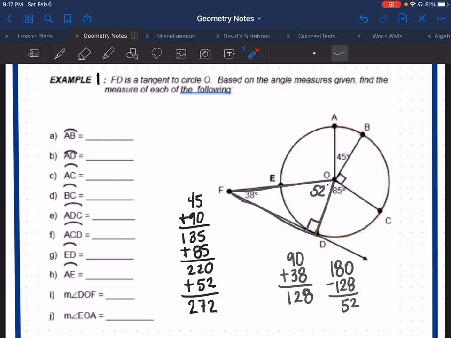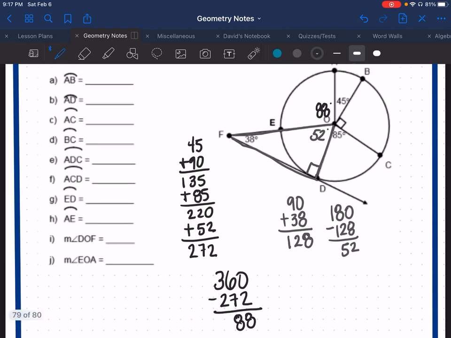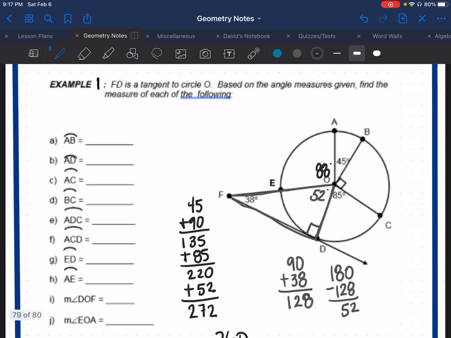So all I have to do is take 360 and subtract this part of the circle, 360 minus 272, which is 88. I have found all the angles inside of my circle, which means I also know all of their arcs.